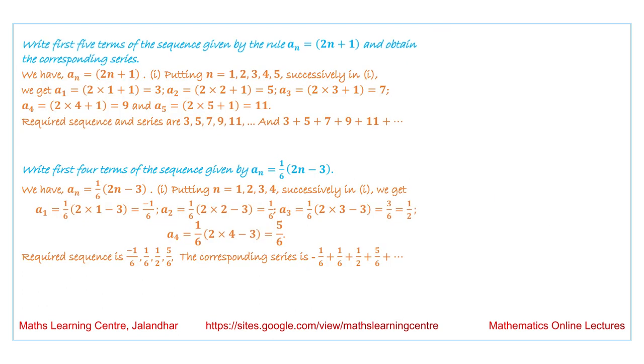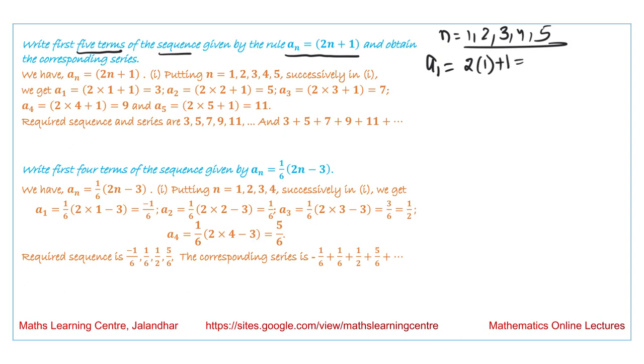Now the first question we have is, write the first 5 terms of the sequence given by an is equal to 2n plus 1. The value of n starts from 1, then 2, 3, 4 and 5. So a1 is equal to 2 into 1 plus 1. In place of n we have written 1, so the answer is 3.